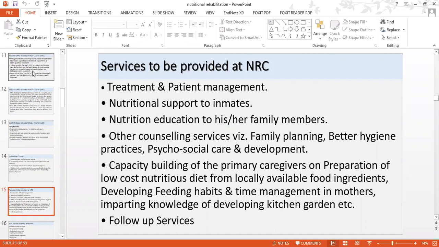Along with all of this, there's ongoing activity, which is the capacity building of the primary health caregivers on preparation of low-cost nutrient diet from the locally available food ingredients, developing feeding habits and time management in mothers, and imparting knowledge of developing kitchen gardens, etc. And of course, the nutrition rehabilitation center also provides follow-up services.